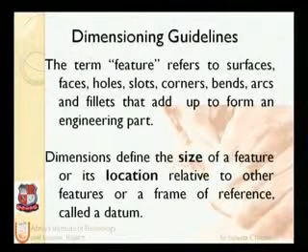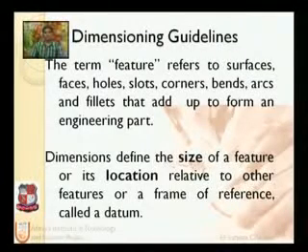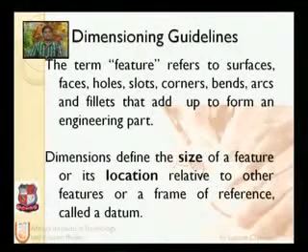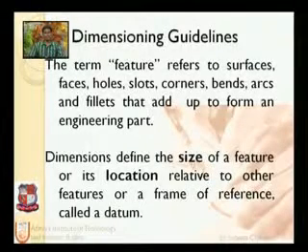As we can see, it refers to surfaces, faces, holes, slots, corners, bends, arcs, fillets that add up to form an engineering part, and we must give the dimension to these features. Dimensions define the size and the location relative to each other of features, or a frame of reference called datum.